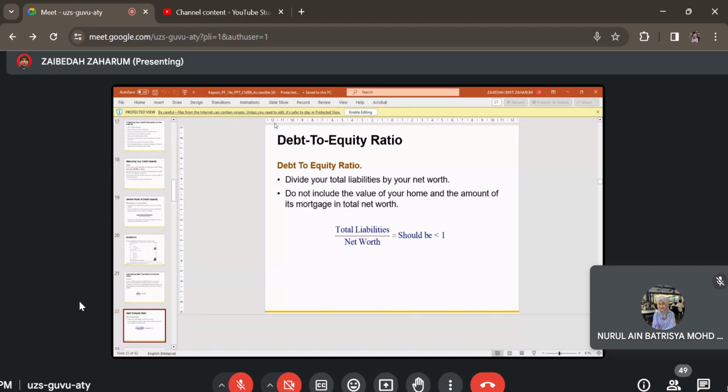Kalau more than 1, you punya debt saya rasa is more than you punya net worth lah. Ataupun hutang you tadi melebihi value net worth you tadi tu. Dia kena less than 1.